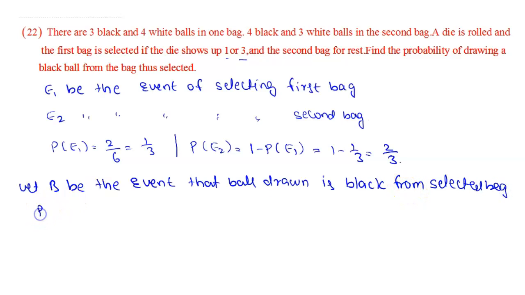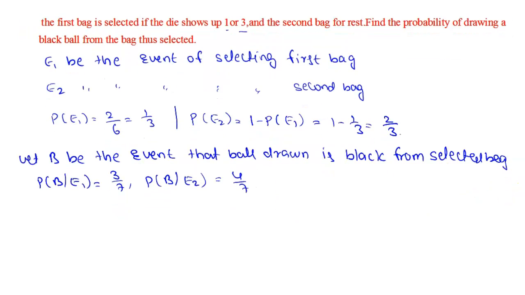So here P of B divides E1: black balls in bag 1, so 3 are there. So that can be written as 3 by 7. At the same time, P of B by E2 is equal to 4 by 7.